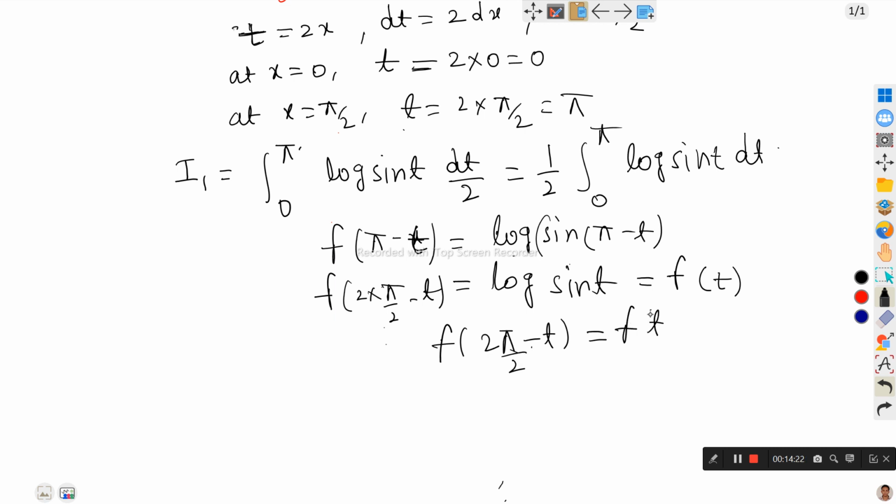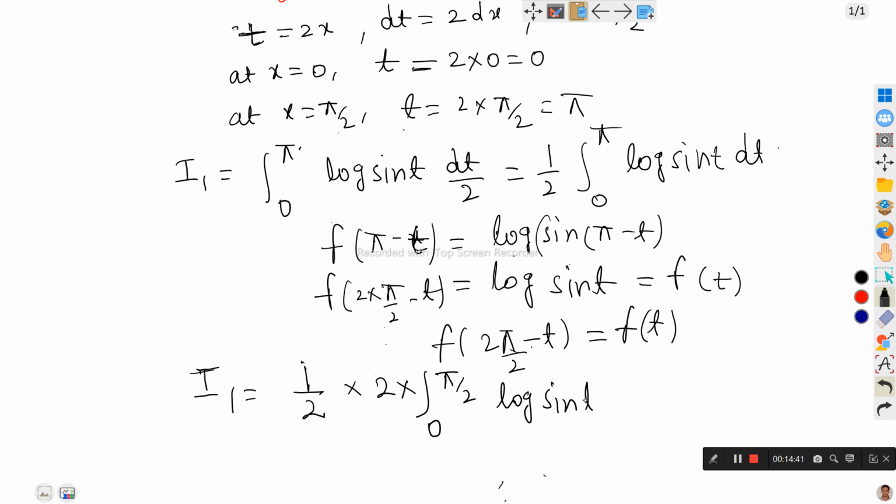So what does the integration change to? I1 becomes, by the second formula that we mentioned earlier, 1 upon 2 into 2 into the integral from 0 to pi by 2 of log sin t dt, and this changes to the integral from 0 to pi by 2 of log sin t dt.